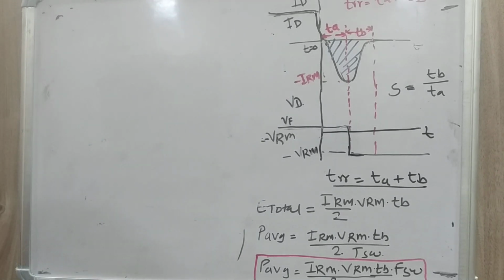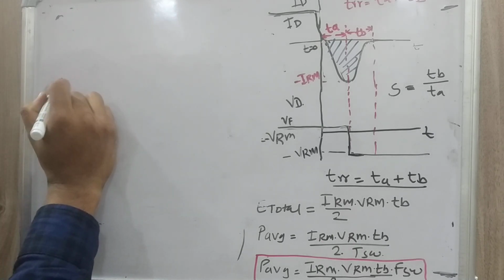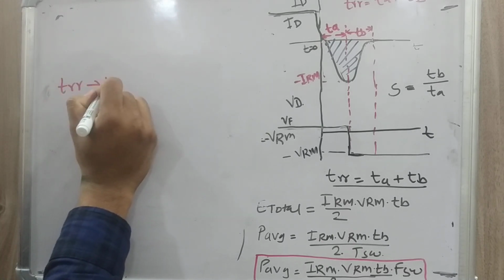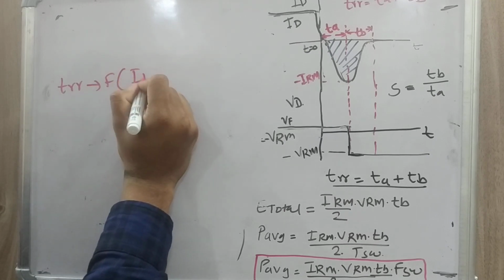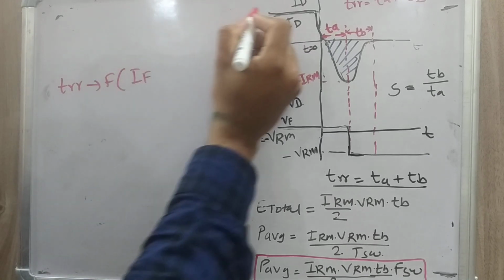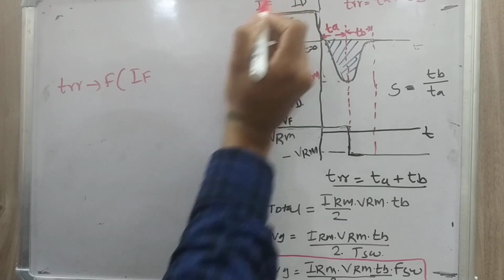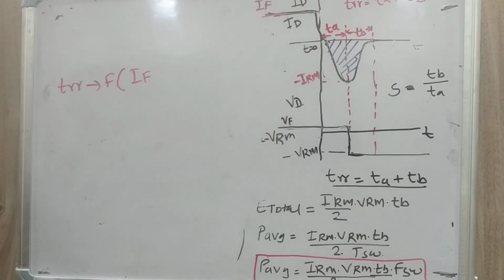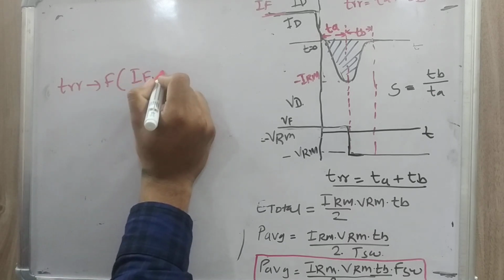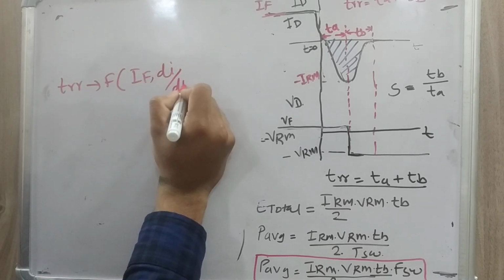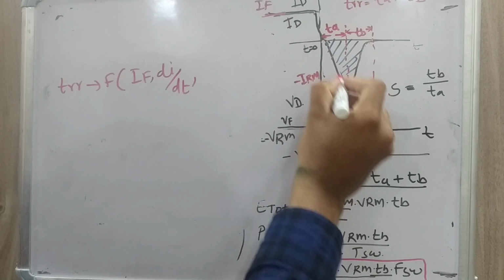What I was saying is that TRR, the reverse recovery time, is a function of the diode forward current which was flowing before reverse biasing the diode, and the di by dt at which it is falling.